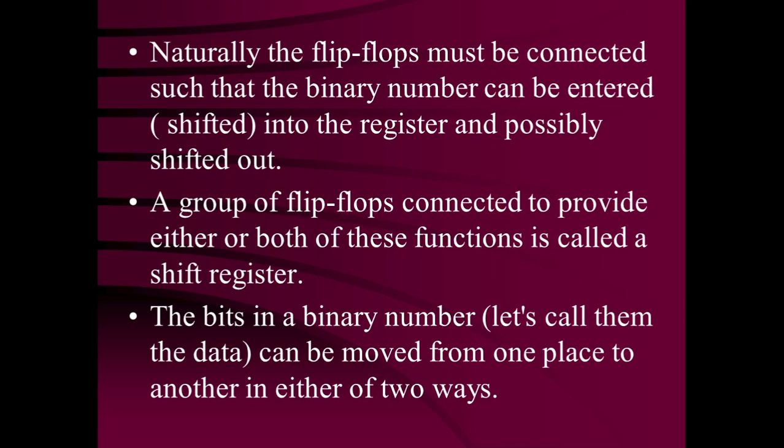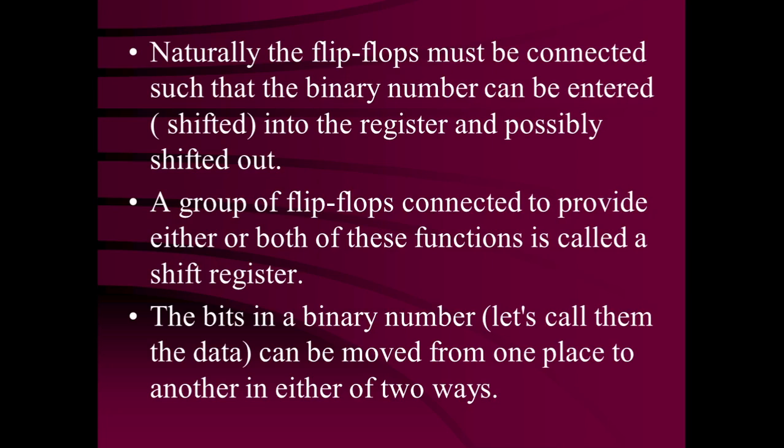Naturally, the flip-flops must be connected such that the binary number can be entered, shifted into the register, and possibly shifted out. So data can be entered into the shift register, and as and when it is required, the data can come out of the shift register. This is the way the shift register block works.